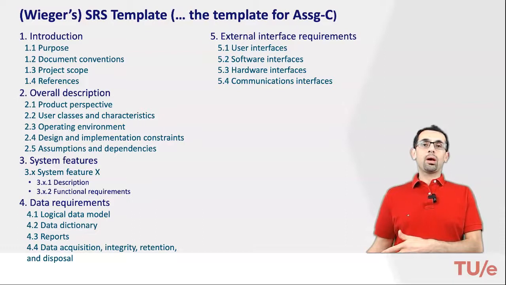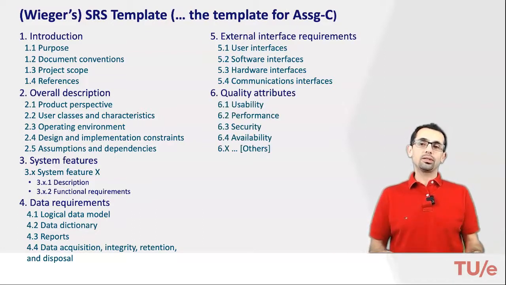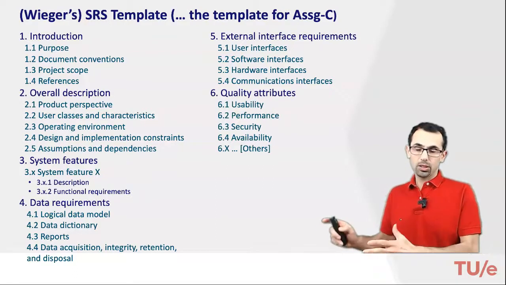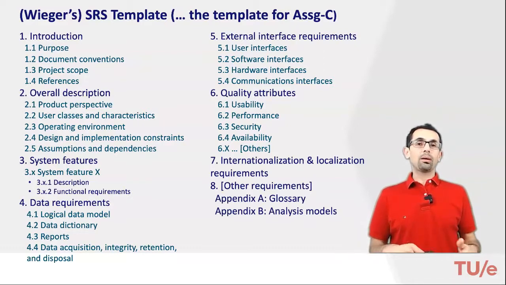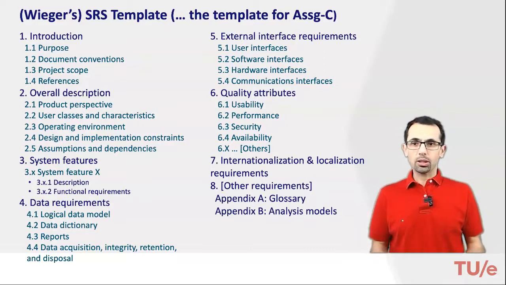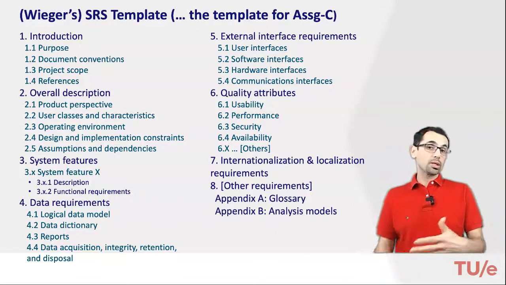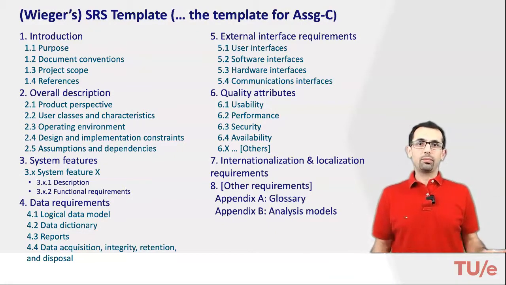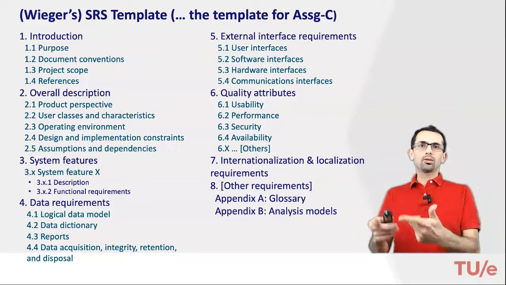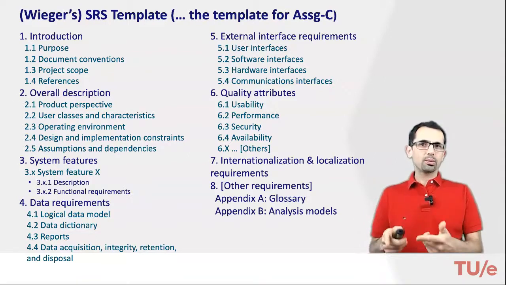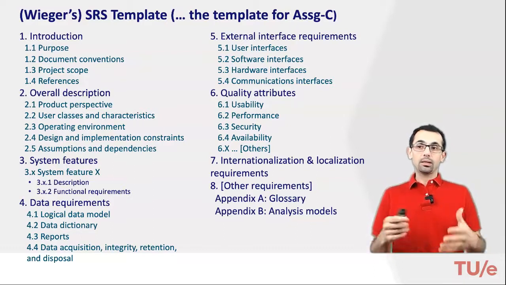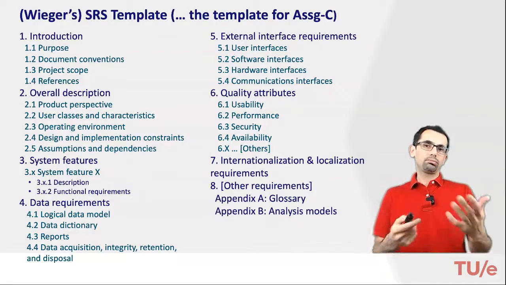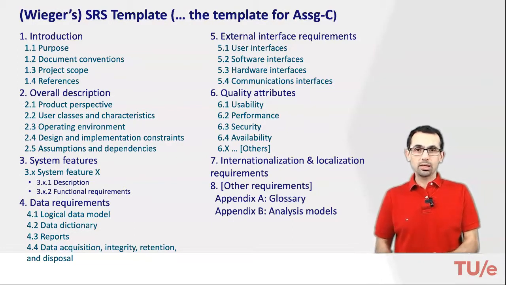External interface requirements as part of non-functional requirements, user, software, hardware, and communication interfaces, quality attributes, devoted a separate module for that, international and localization requirements, and other types of requirements, glossary and analysis models and use case models, if you like, or any appendices that would help the targeted audience of this particular document to understand you better. Fine, that's the template you'll be following, or you have started already following for assignment C.